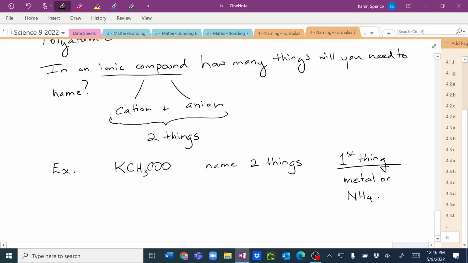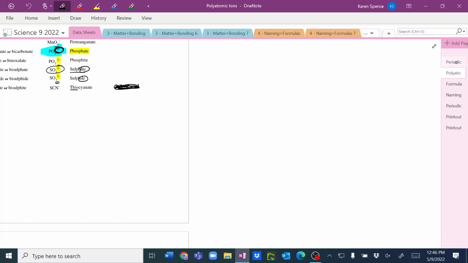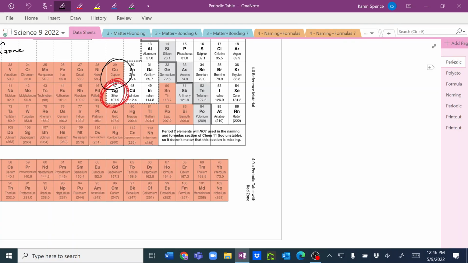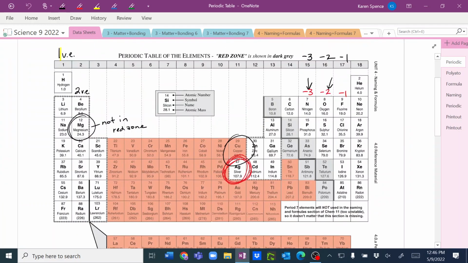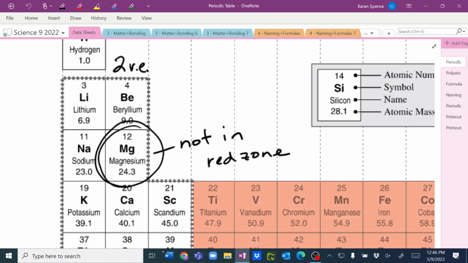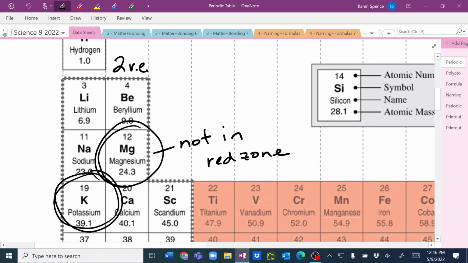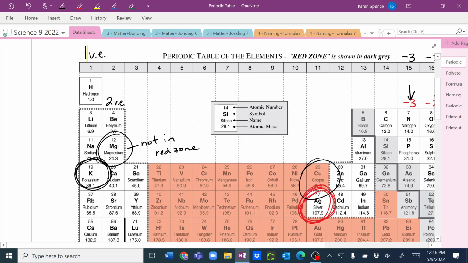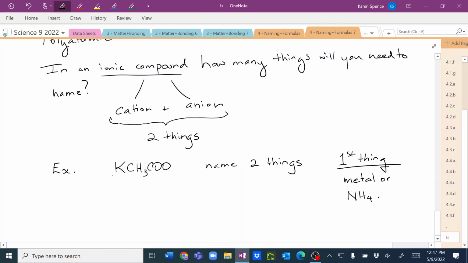Well, it starts with a K. If we go to our periodic table and look up K, there is K right there. And it is a metal. So here is my metal, that is my first thing.